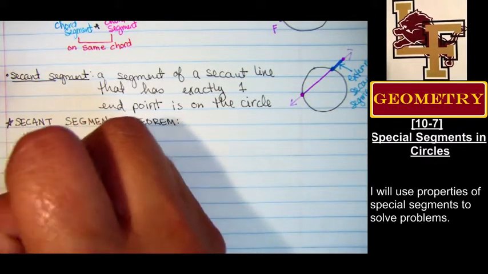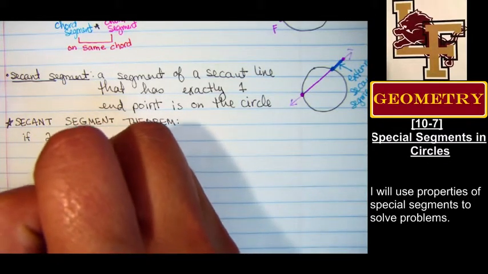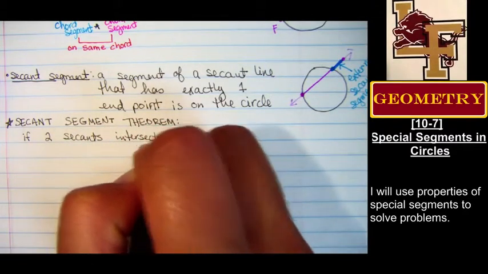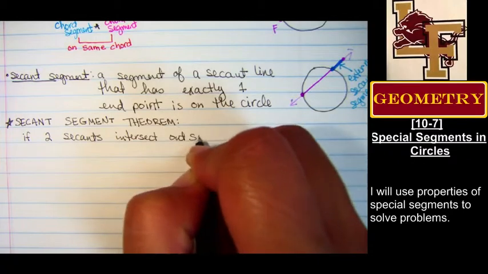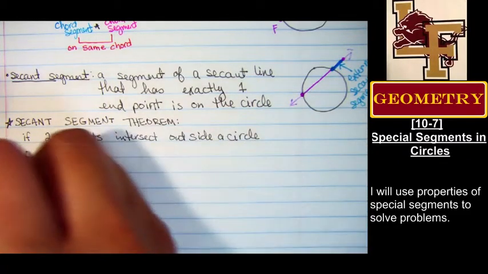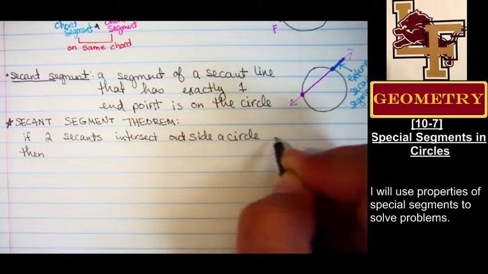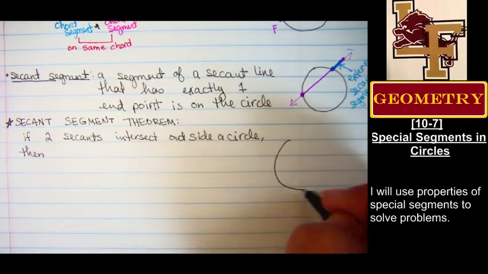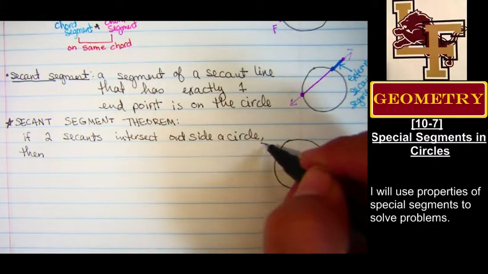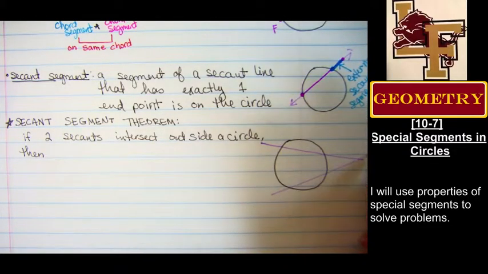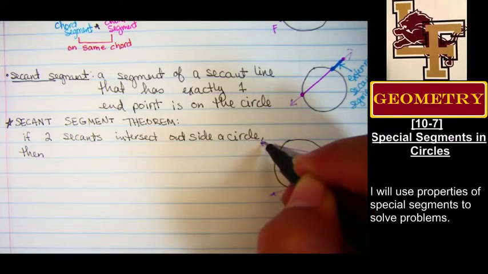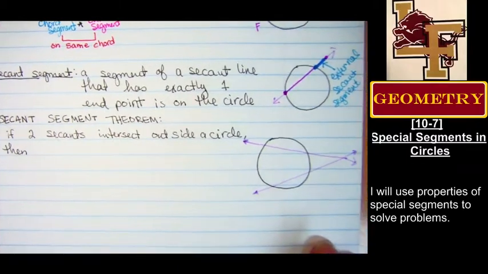If two secants intersect outside a circle, all right, so our setup is we have a circle and we have two secants, and they're intersecting somewhere not inside of the circle and not on the circle.